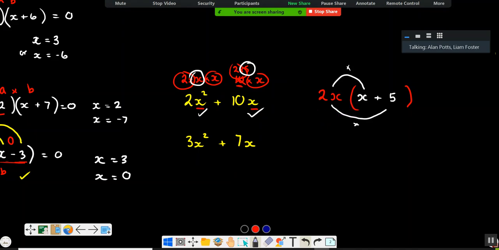No. There's no common factor there, is there? Where's the only common factor? X. So this would be 3 times x plus 7 times x. So the factor is x. So x comes out and we're left with 3x plus 7.